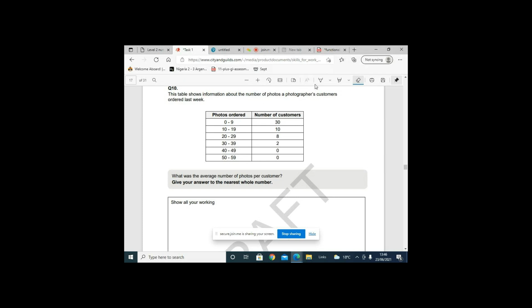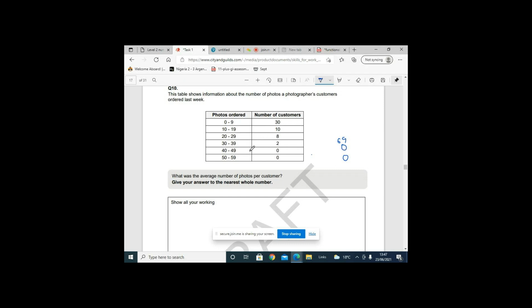So for all these values, when you multiply them together, this one is 0, this one is 0, this one is 34.5 times 2, that's 69. This one is 24.5 times 8. Why is it 0?